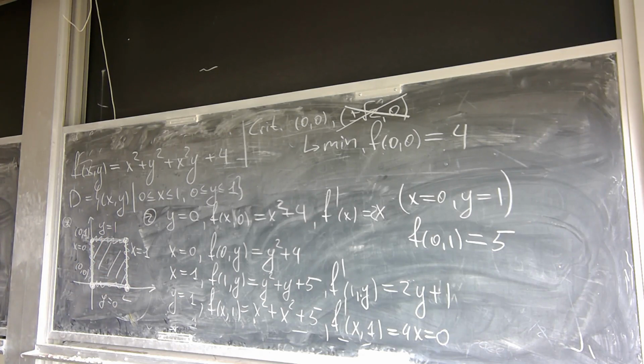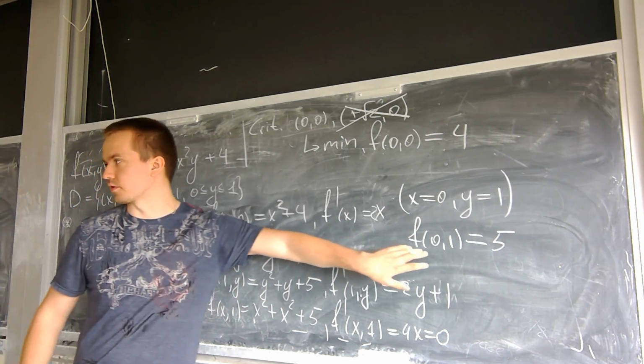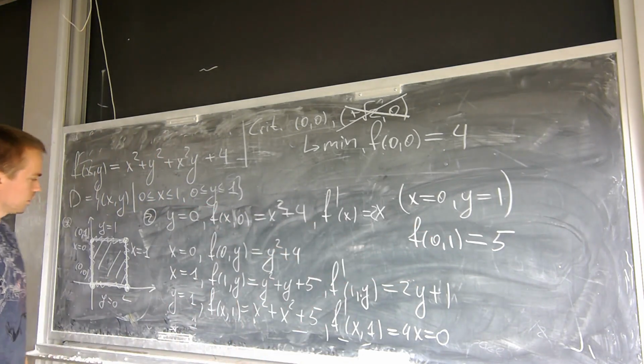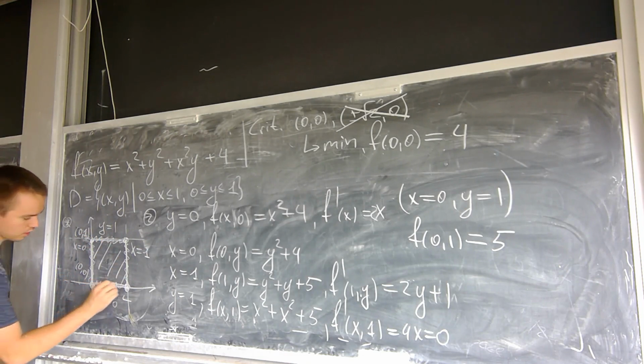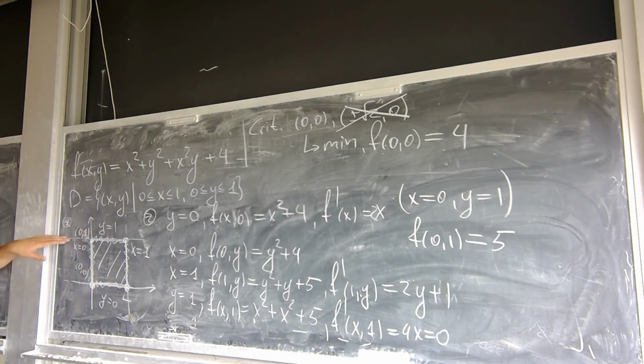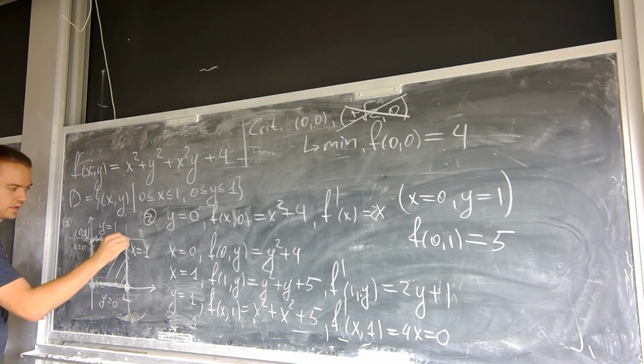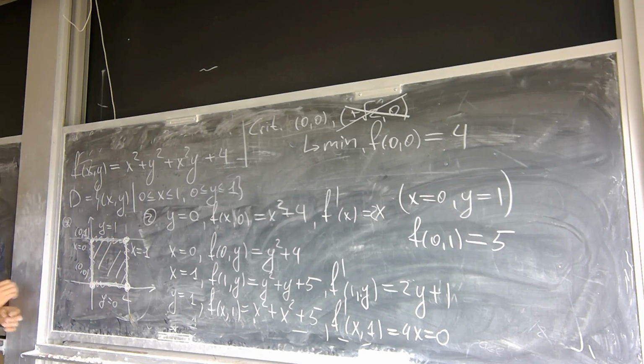So let's just finish this one. First we found this one critical point, f of 0, 1. What we did, we checked our critical points on the whole lines, but the lines intersect. And at this intersection you have these boundary points, and you cannot detect these boundary points as critical points.